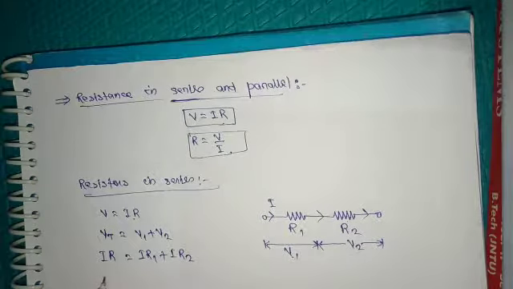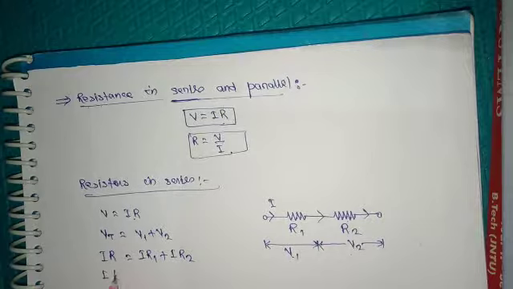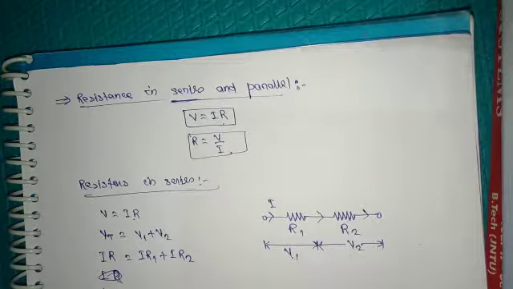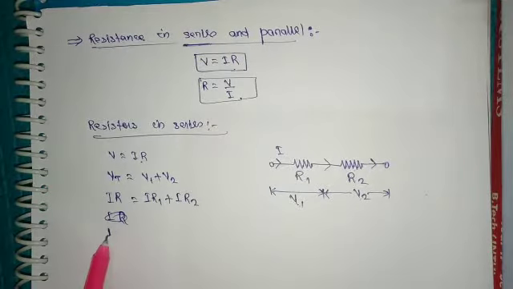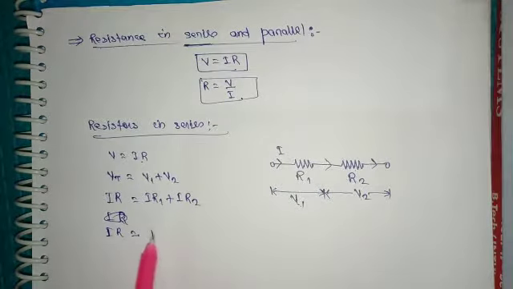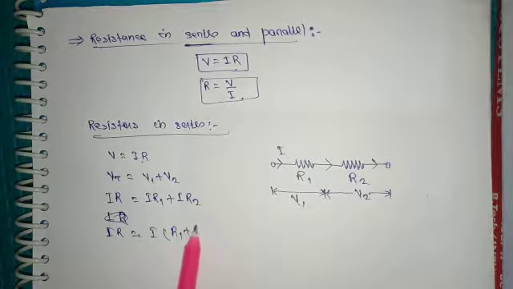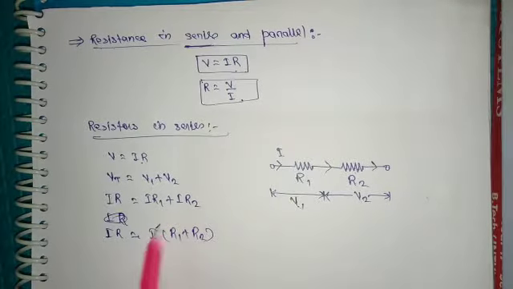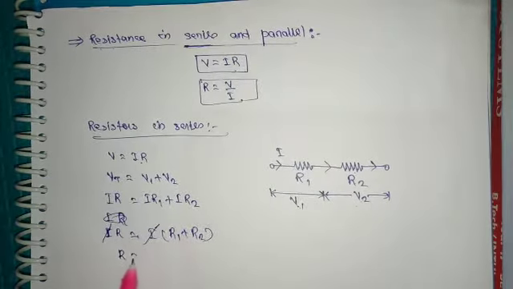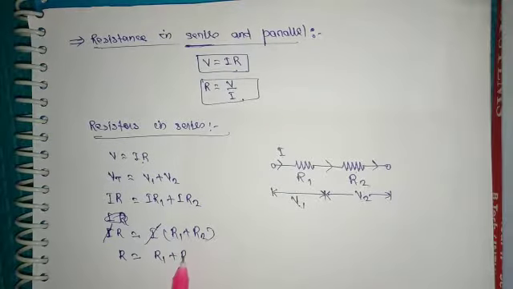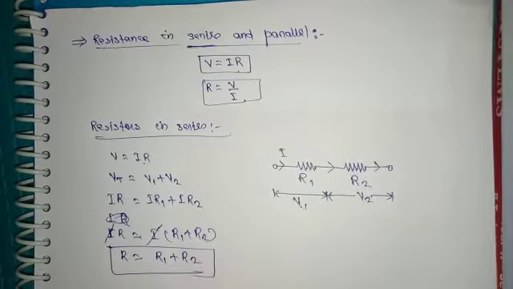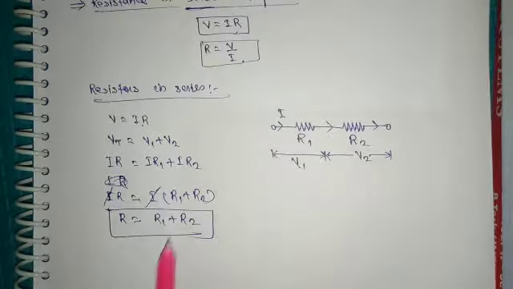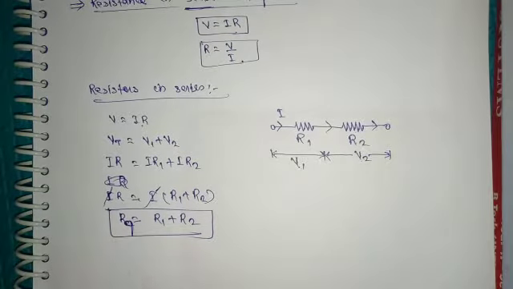I is common, so we can take I outside: I times R1 plus R2. Then I cancels, and R is equal to R1 plus R2. So the equivalent resistance for the network is R1 plus R2.